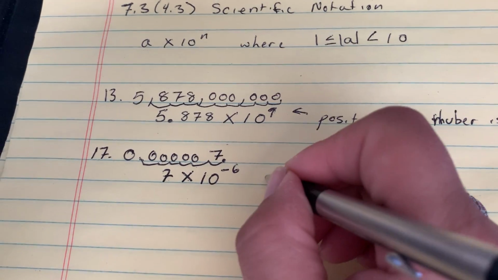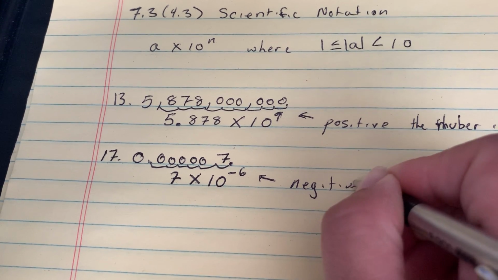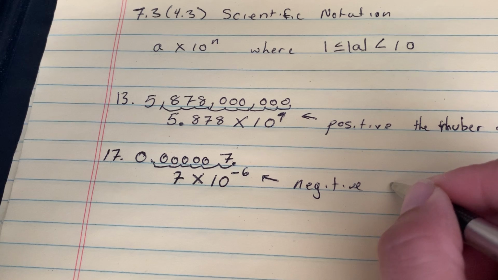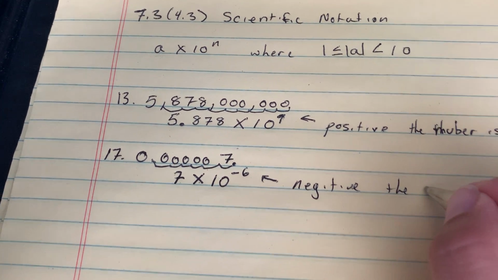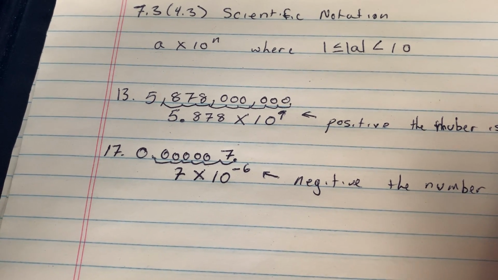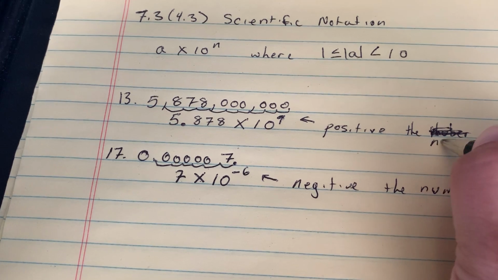Okay, our negative exponent makes the number smaller. Spelled number wrong.